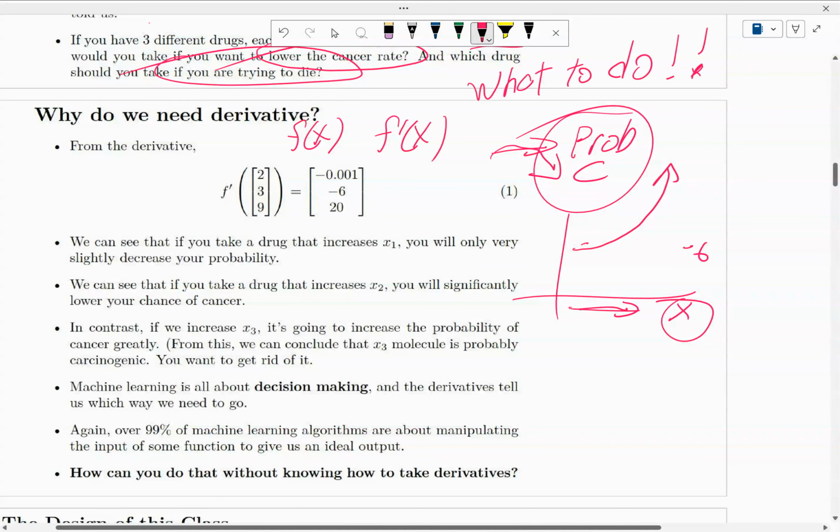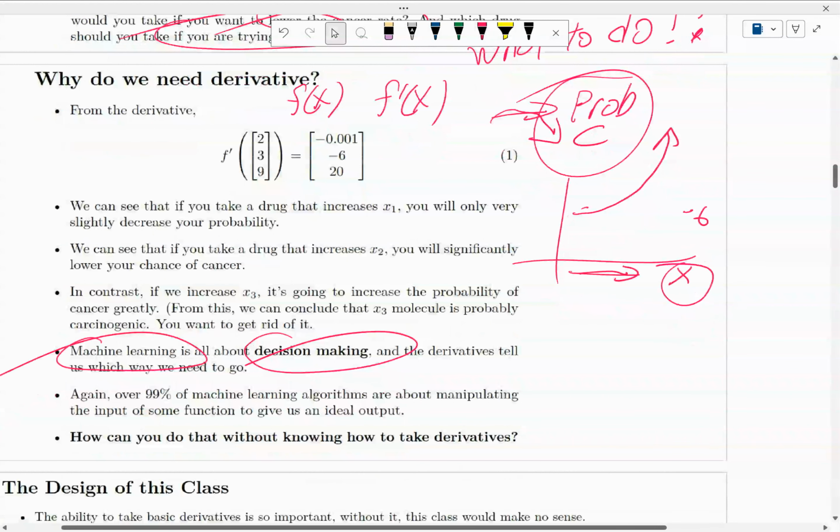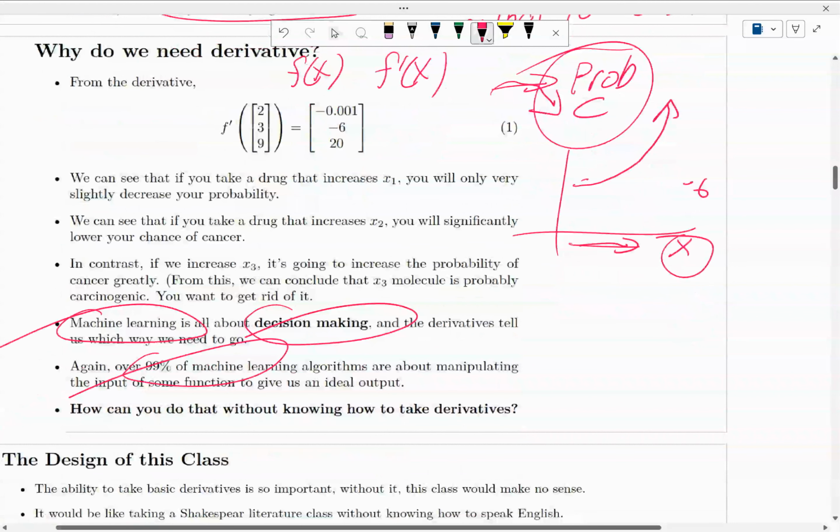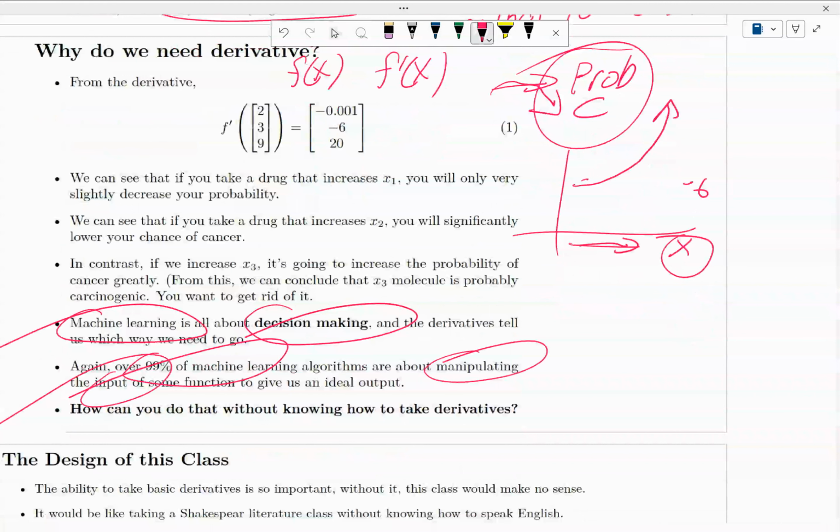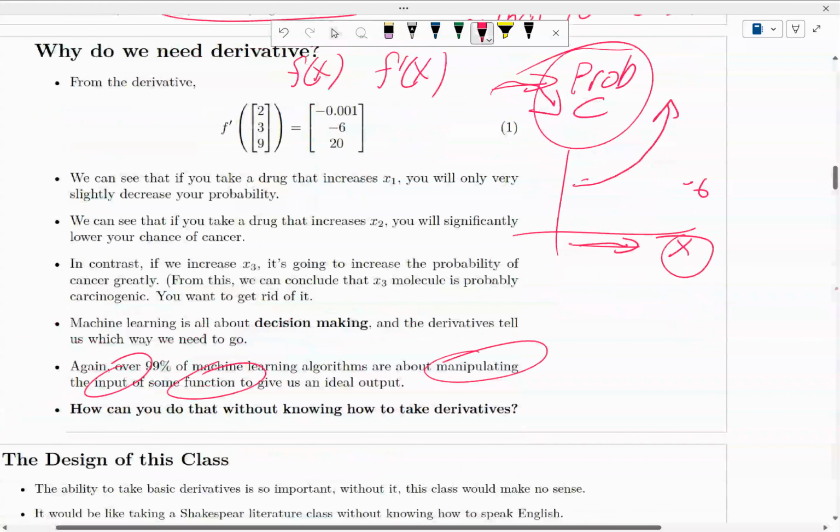And since machine learning and data science are all about taking data and deciding on what to do, extracting specific information about the data, I dare say 99% of machine learning is basically just manipulating the input of some function to give us some kind of ideal output.